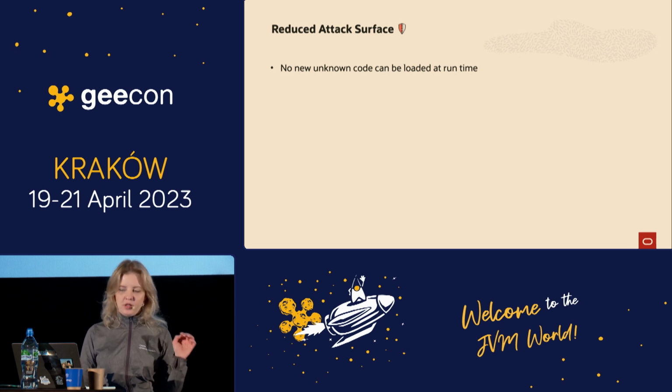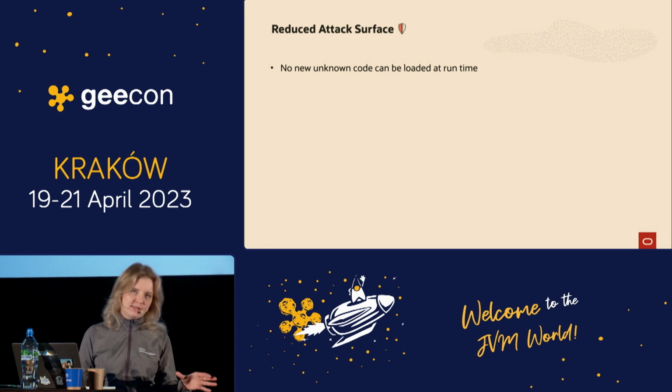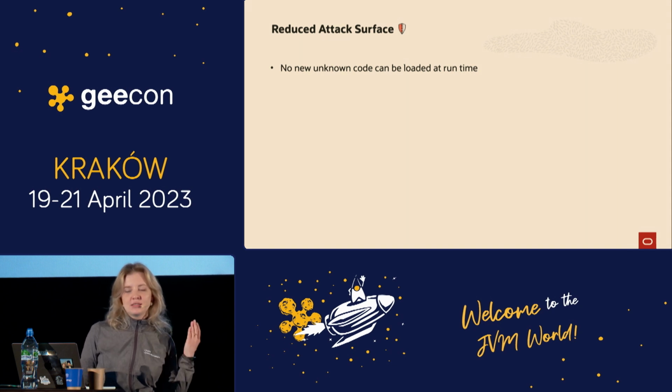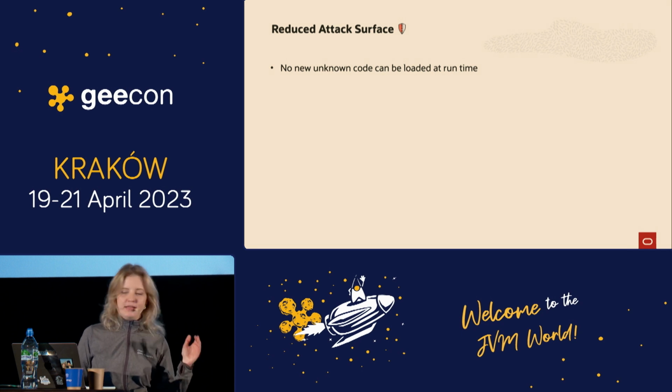Specifically from the security perspective, it's beneficial because everything that is in the native image was proven to be needed at the image build step. So there can be no additional new code execution at runtime, which I think you can agree is an additional security level and measure. Only code that was available and needed at build time will be included in native image.